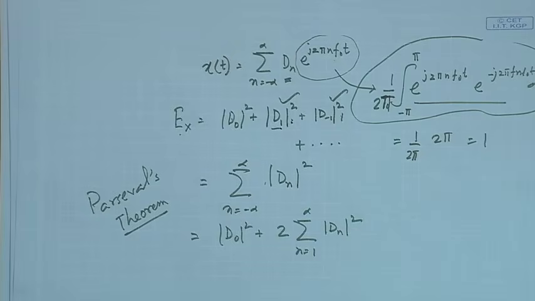These dn's are the coefficients of the corresponding orthogonal signals that constitute this signal. As long as we know these dn's, we can get the corresponding energy, which is again the measurement of that particular signal. So, measurement means energy over here.